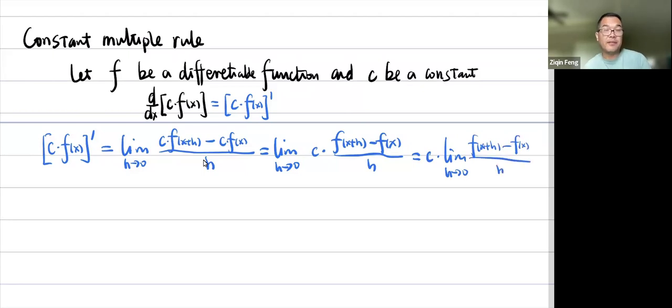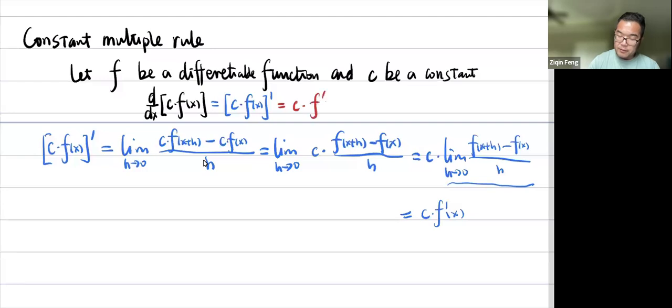And we know that f is differentiable, which means the second limit is basically f prime of x. So this constant multiple rule says this is equal to c times f prime of x. You can differentiate that function first, then multiply by the constant.